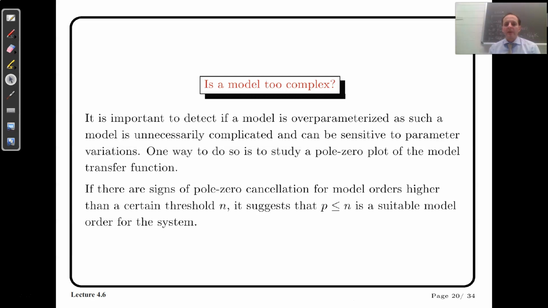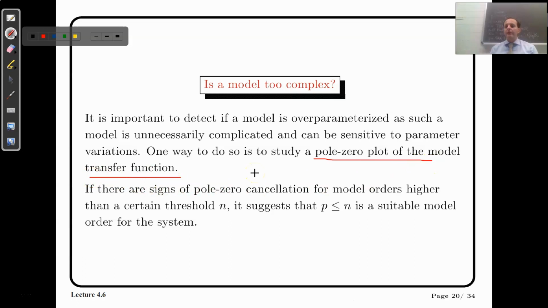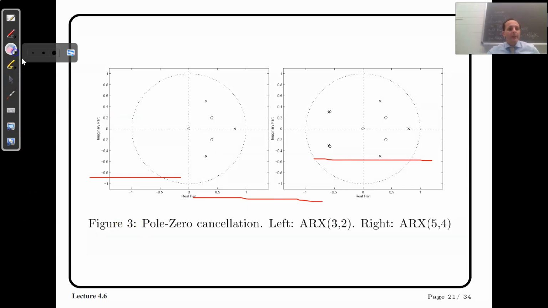A way is to study the zero-pole plot of the transfer function. You consider the transfer function of your model, and you can plot the zeros and the poles. If there are indications of a zero-pole cancellation, it means that the model order is too high, and it is suggested to reduce the order that you have assumed, as shown, for example, in this graph.